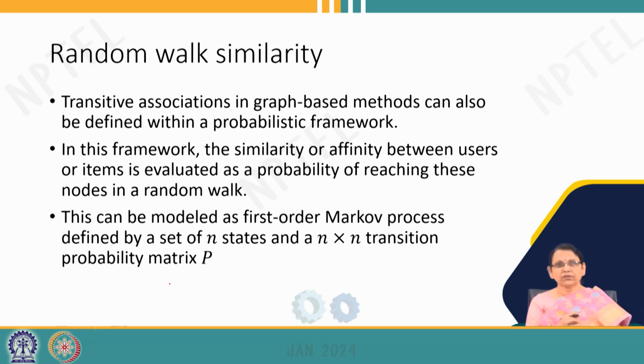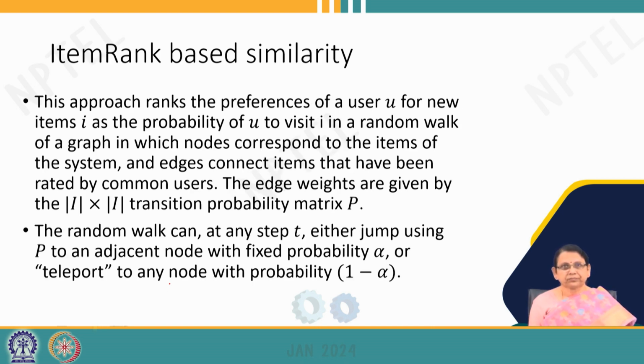From this matrix, we can follow the principle of random walk, for which you have to study a little bit more to know about Markov processes and how random walks are generated from them. So, using this as a similarity measure, you can go ahead.